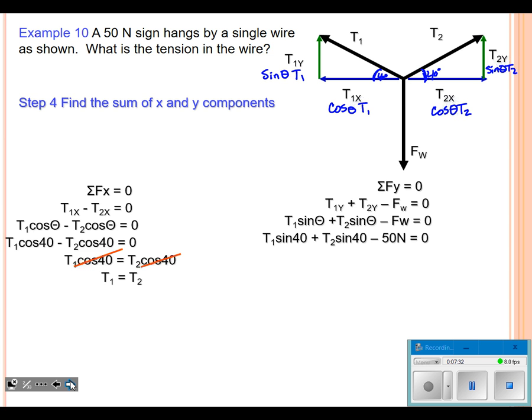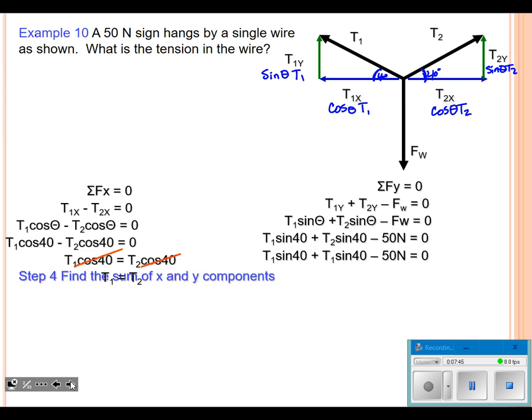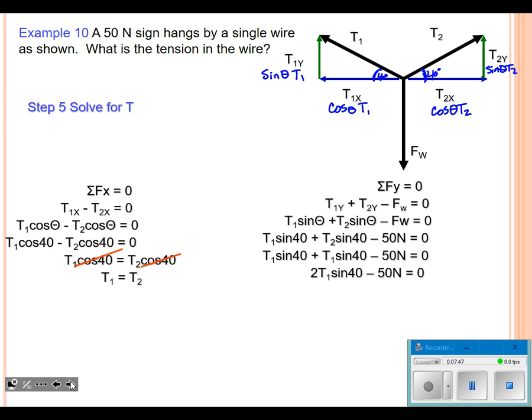So what I can do is substitute in T1 for T2 because they're the same value. So now if I look at it, I only have one variable to solve for. So when I simplify this expression, I now am going to have 2T1 sine 40 minus 50 newtons all equal to 0. I can solve for that because that's just one variable.